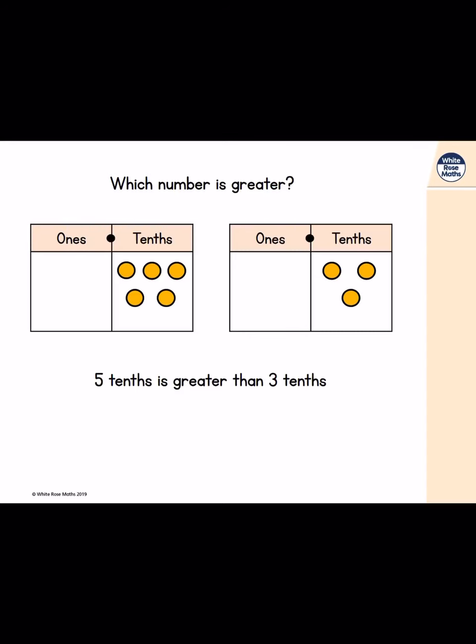We could write this using decimals. 0.5 is greater than 0.3. Can you remember the symbol we use to represent greater than? That's the one. 0.5 is greater than 0.3. The point of the symbol is pointing at the smaller number, which is 0.3, 3/10.